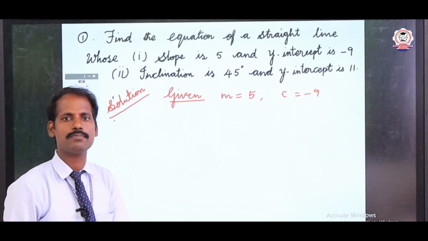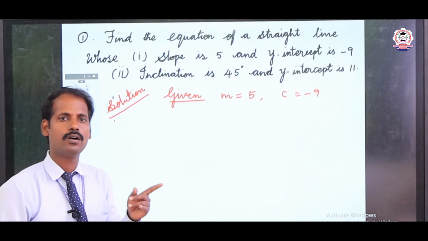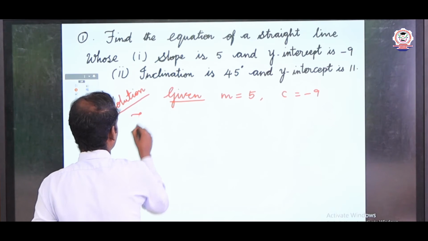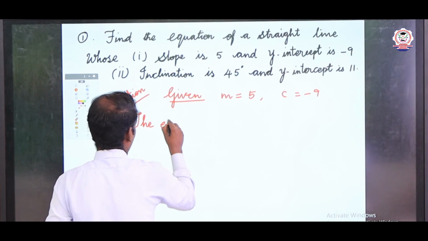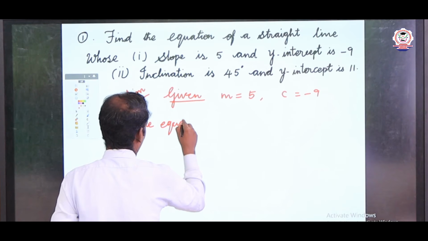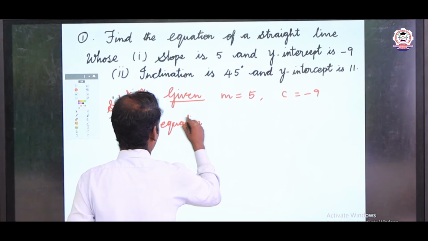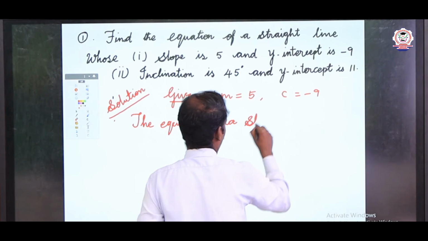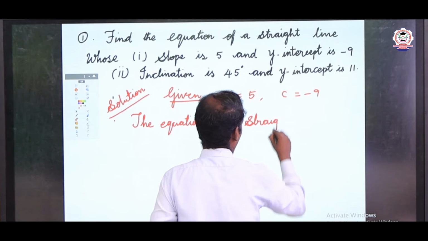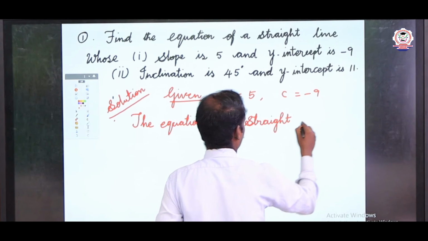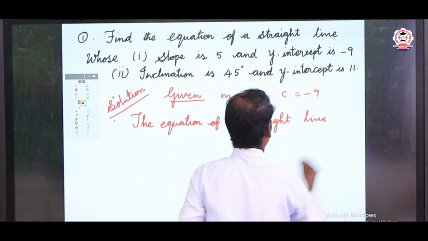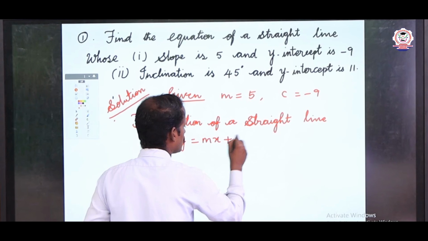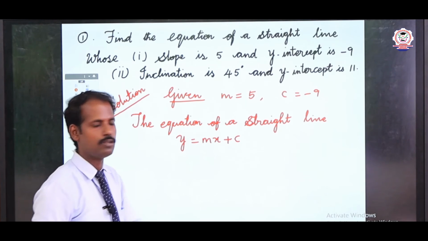Now, what is the equation of this straight line? y equal to mx plus c. Here the given m value is 5 and c value is minus 9.